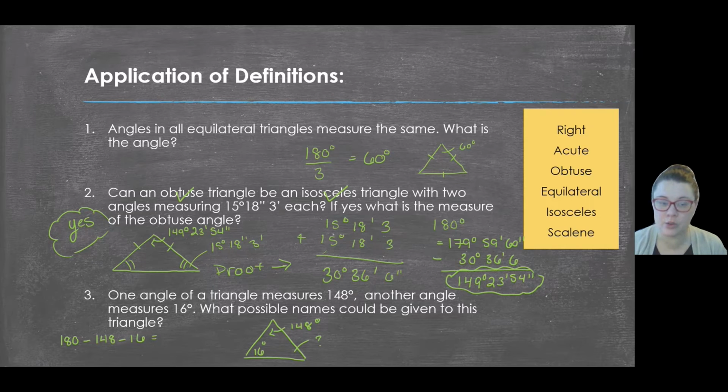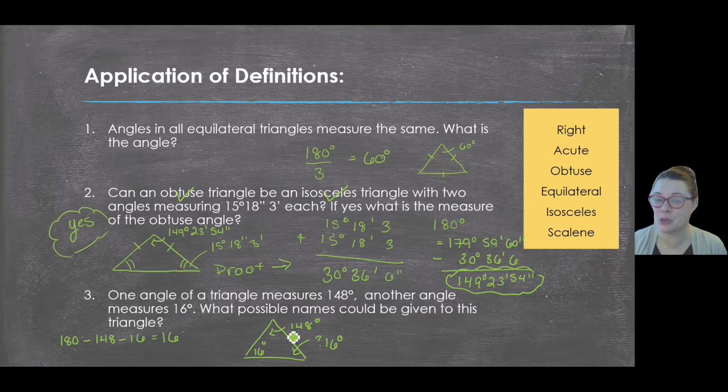You may find you happen to catch one of my errors. Great, let me know. It happens. Okay? All right, so for this one, 180 minus 148 minus 16 left me with 16. So this leftover angle happens to be 16 degrees.